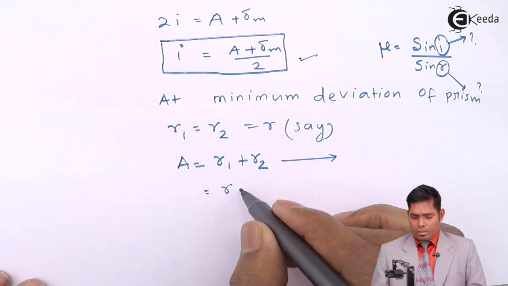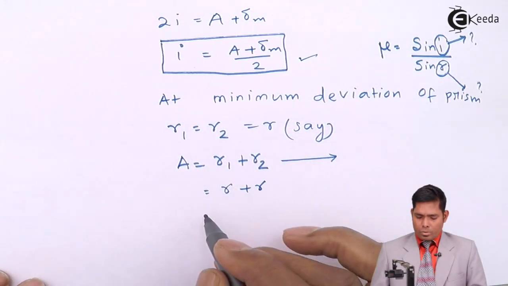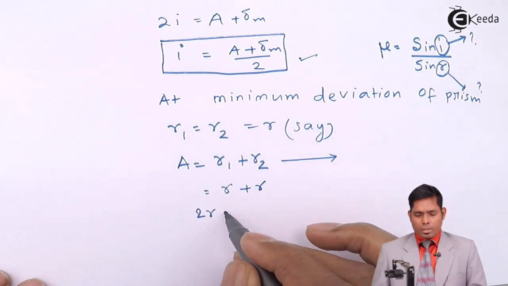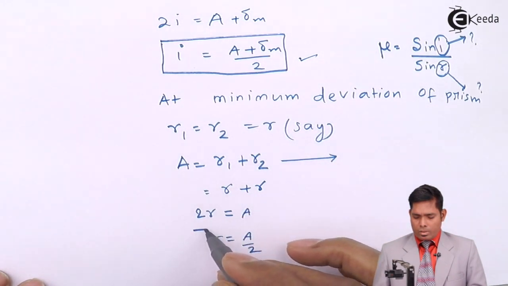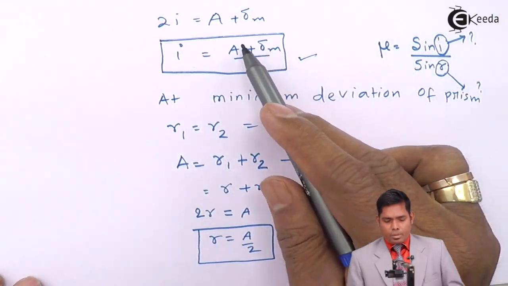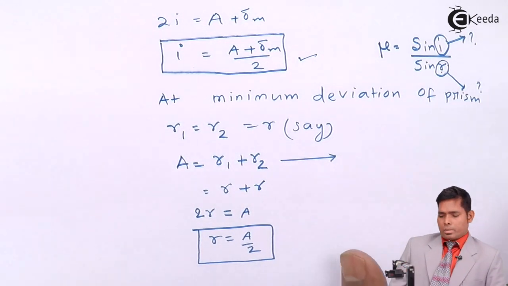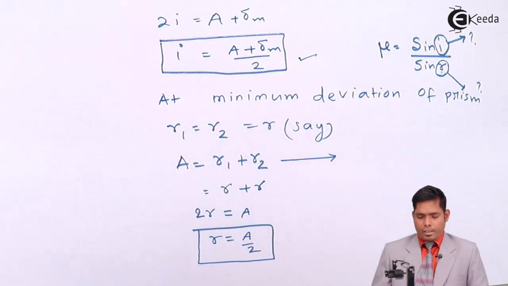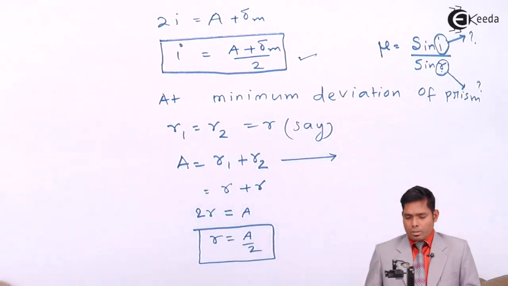This becomes R, this also R, so R plus R, 2R is A. So R is A divided by 2. Now you got the answer. I will be (A plus delta m) by 2, R will be A by 2. So finally, we are successful in replacing I and R in terms of A and delta m. So that is the final answer.